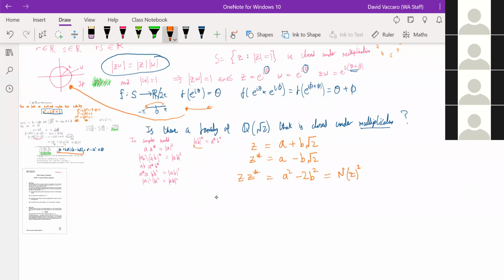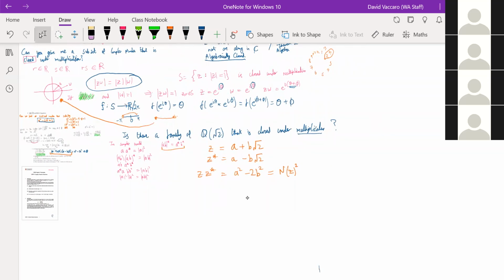Okay, but is it the case that a b star in this world is a star b? So let's check. If z equals a plus b root 2 and w equals c plus d root 2, what is z star w star? Well, it's just a minus b root 2 times c minus d root 2.